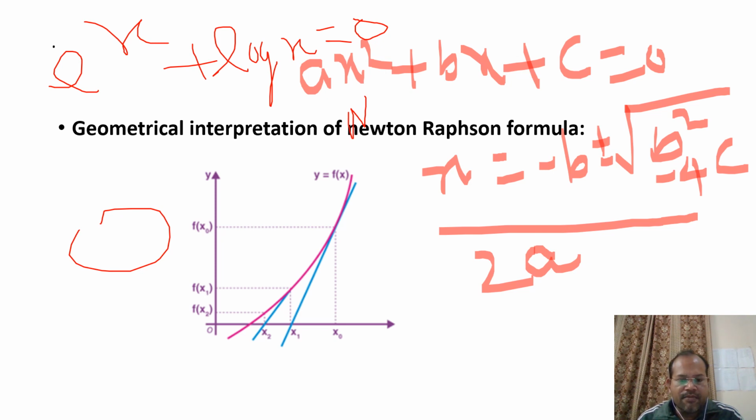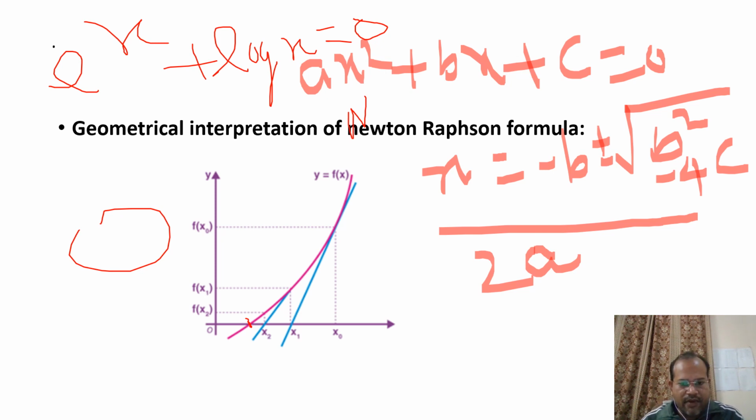Root means what? The intersection of the curve of any function with the x-axis. If you draw the function graph, it is called the curve. Its intersection with the x-axis gives the root.